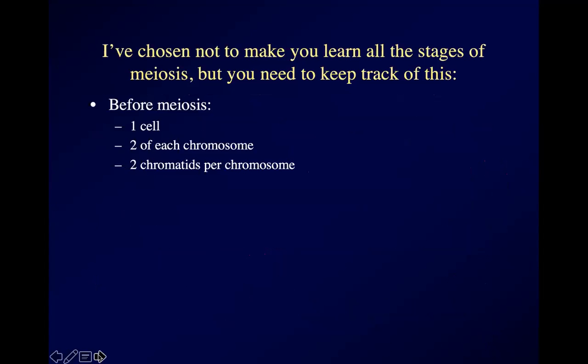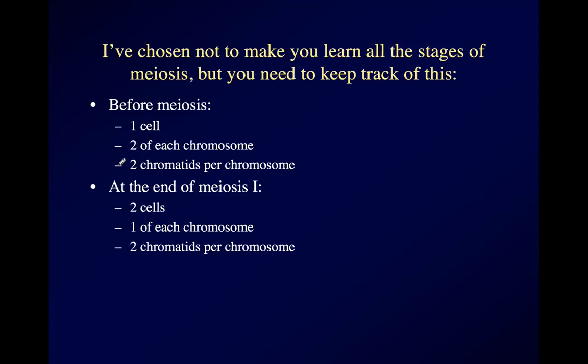Before meiosis, we start with 1 cell, either a spermatogonium in your testes or an oogonium in your ovary, depending on your biological sex. Each of those cells contains 2 of each chromosome, and each chromosome is made of 2 chromatids. That oogonium or spermatogonium divides one time, and at the end of meiosis 1, you've got two cells.